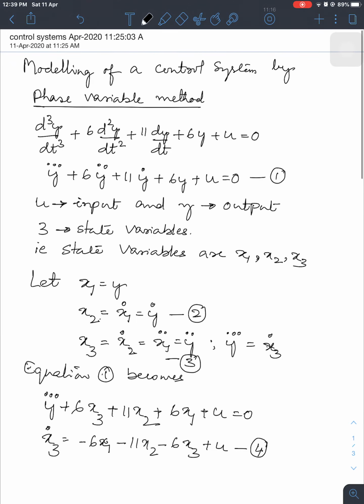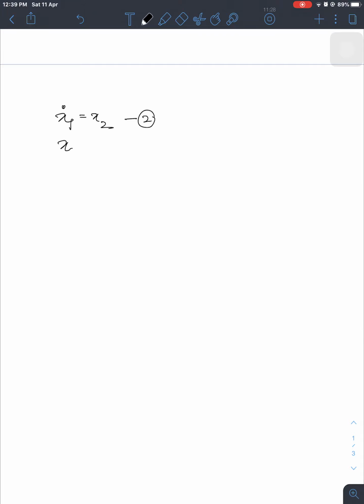And x2 dot equal to x3. That's our equation 3. We will skip the remaining terms. And equation 4 is x3 dot equal to minus 6x1 minus 11x2 minus 6x3 minus u.